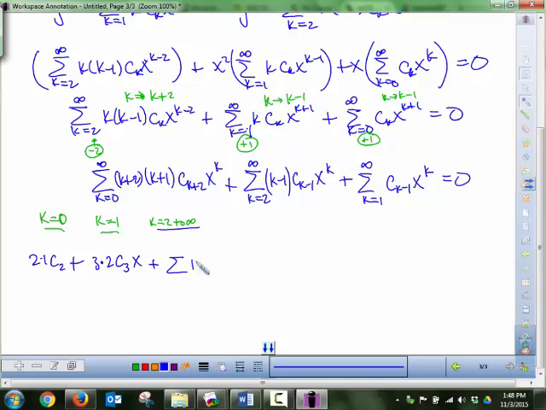The rest would be the series again, but now the series starts at 2, because I took the first couple of terms out. So this is going to have an x squared as my starting power for the series.